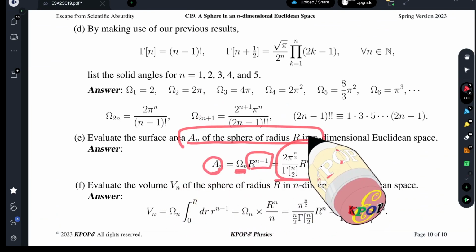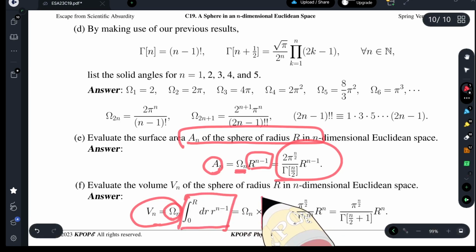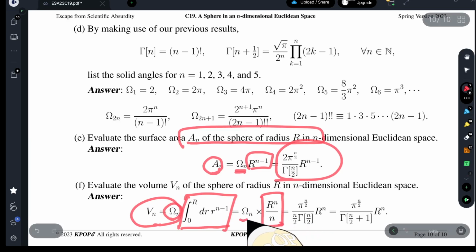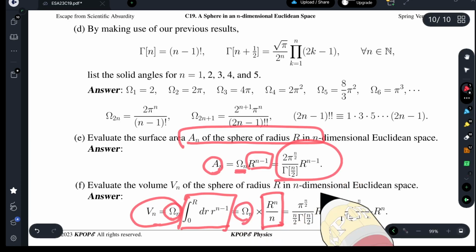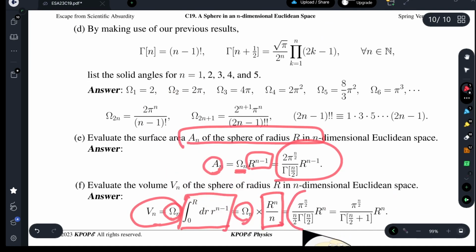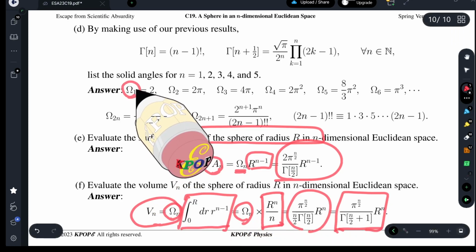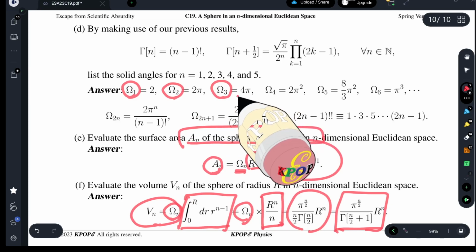Once I know the solid angle, the volume is the solid angle multiplied by this radial integral. As I already told you, this is r to the nth power divided by n. As a result, I can copy this omega n here to find the volume, which is simplified in this manner.